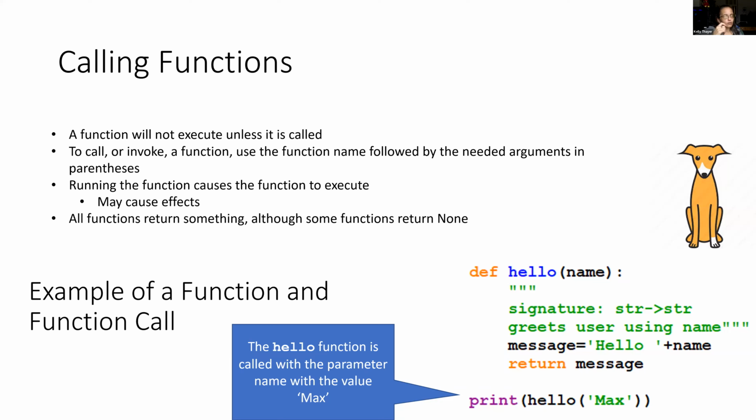Now, we've been seeing how the functions are called already, but let's just take a moment to focus on that right now. A function will not execute unless it is called. This is a very important point. Many times beginning students will write a function and then they'll do run module, and it appears that their code didn't do anything. They say, well, why doesn't it work?